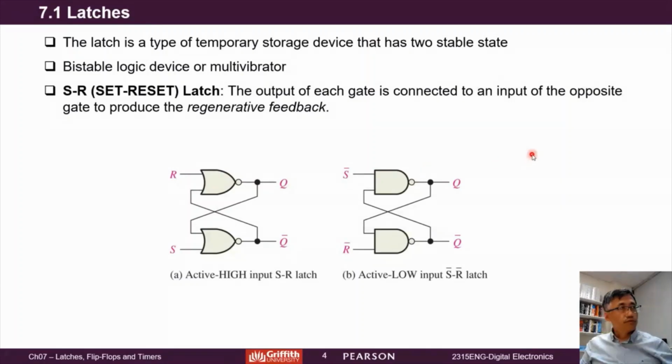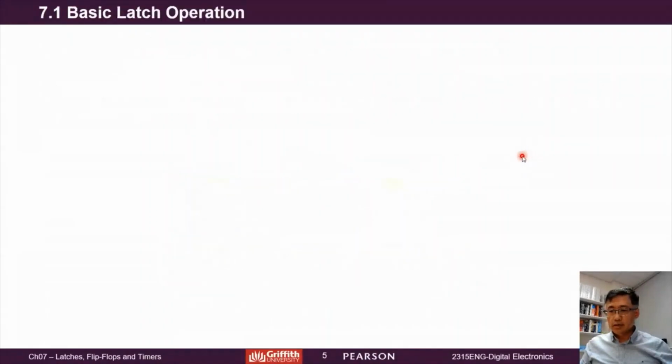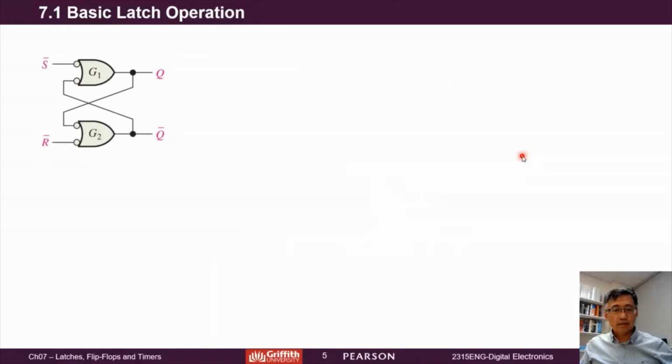Now let's prove it really does work. We need to do some circuit analysis. Okay. So this is one type of active low set reset latch. So we can set output to be high or low by input, and we can keep output to be no change. Supposed to be no change.